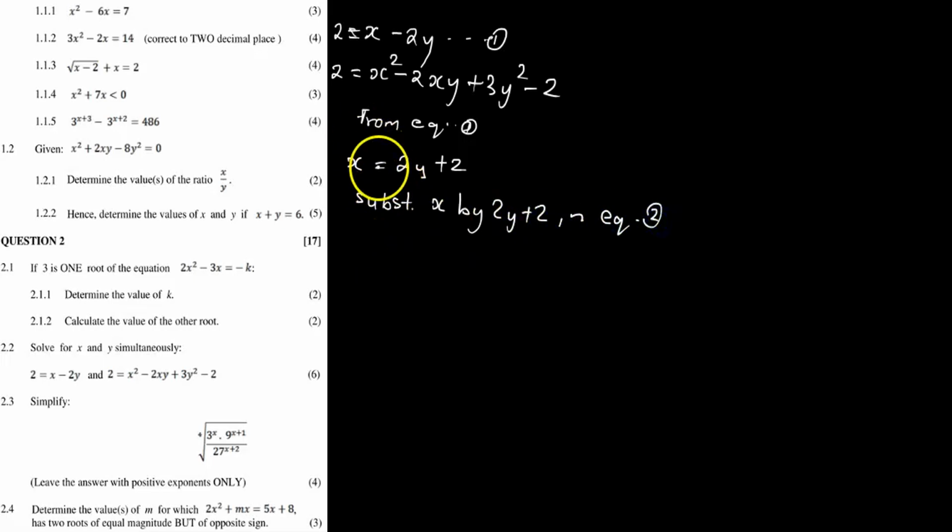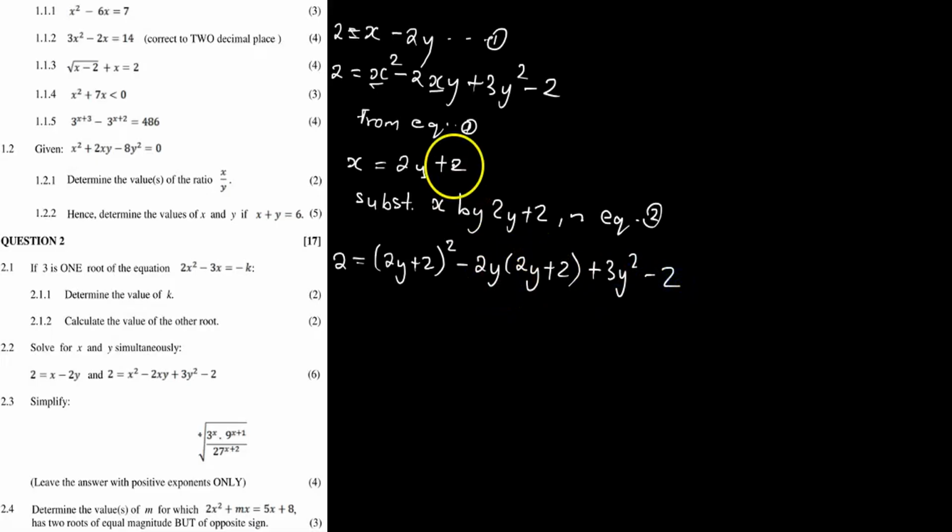So you just go to your equation 2, where there's x here, and there you substitute this. So 2 is equal to (2y plus 2) squared minus 2y into (2y plus 2) plus 3y squared minus 2.